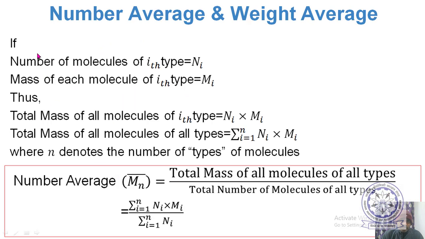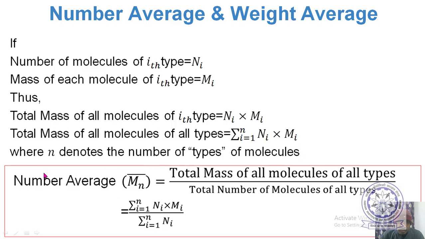Then let us see what the number average and weight average are. If the number of molecules of the ith type is Ni, and the mass of each molecule of the ith type is Mi, then the total mass of all molecules of the ith type is Ni into Mi. So the total mass of all types is sigma i equals 1 to n, Ni into Mi, where n denotes the number of types of molecules.